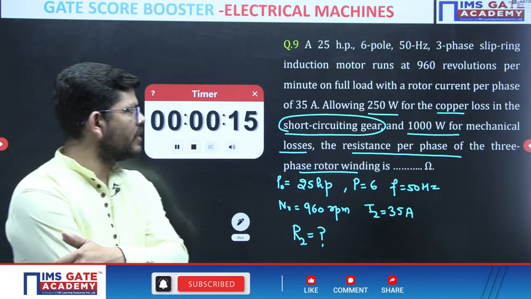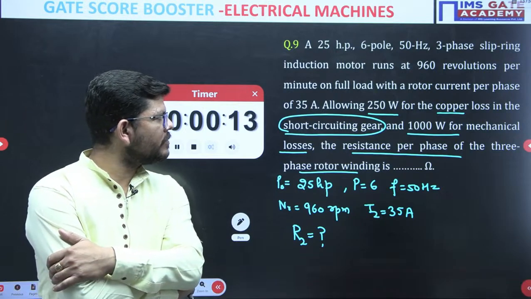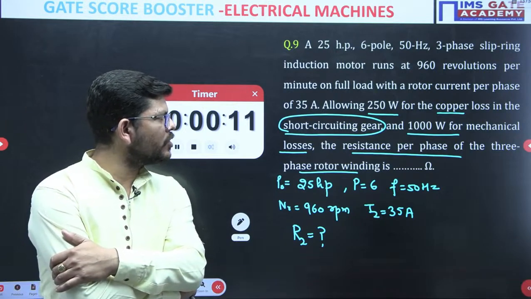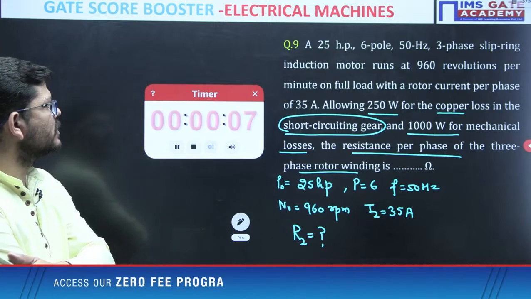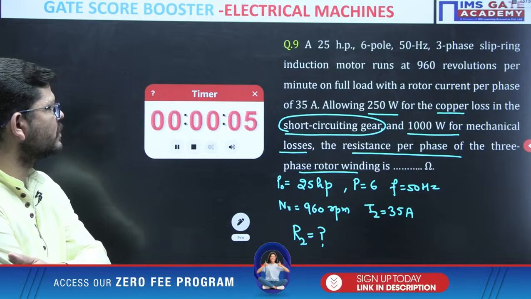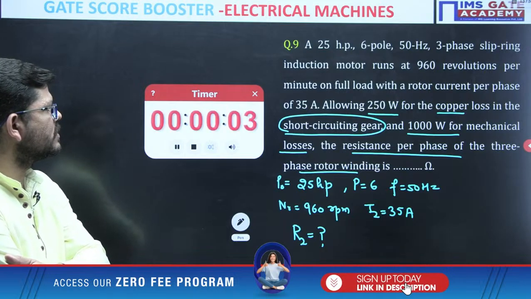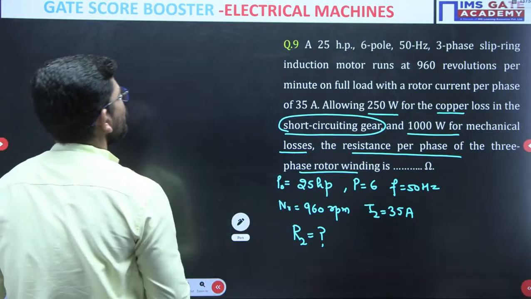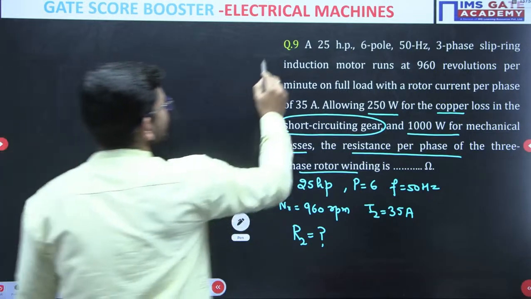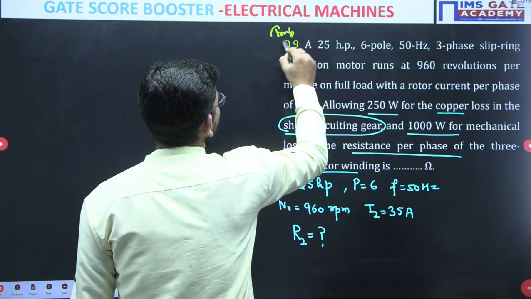These copper losses which are given are occurring at the short circuiting gear. Okay, so let's see how we will approach this question. It's a different question and it's an important one, right?